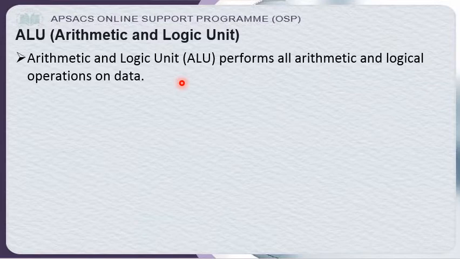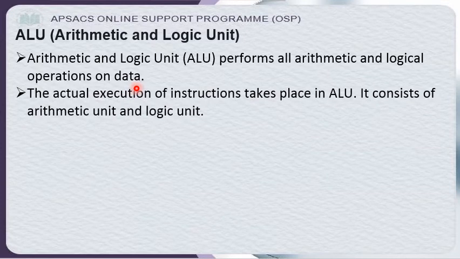This ALU does the operations on data. Arithmetic operations and logical operations are both done on data. We can say that the actual processing, the actual execution, is done inside the ALU. Meaning the original instructions are executed inside the ALU.